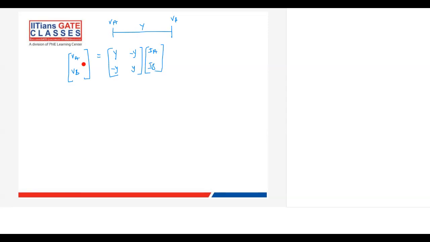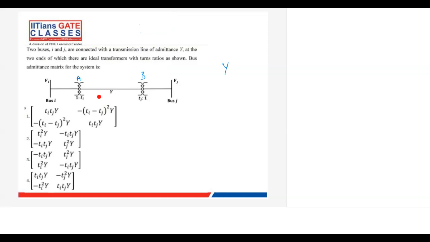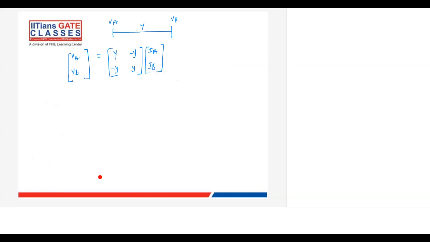We can present VA in terms of VI and IA in terms of II, just by considering the turns ratio, and similarly VB and IB in terms of VJ and IJ, considering the turns ratio.